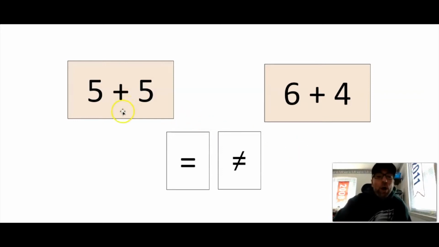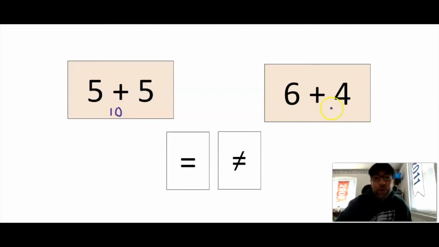So let's take a look. I have two cards here. Here's my first card, and here's my second card. My first card says 5 plus 5. Well, we know what 5 plus 5 equals. We don't even need our number line for this. 5 plus 5 equals 10. And I like to write that down. I like to write 10.